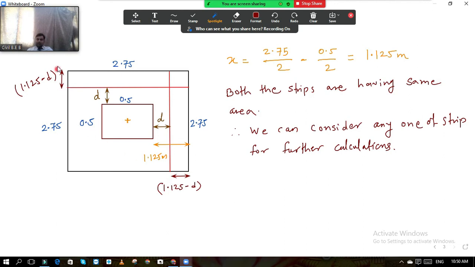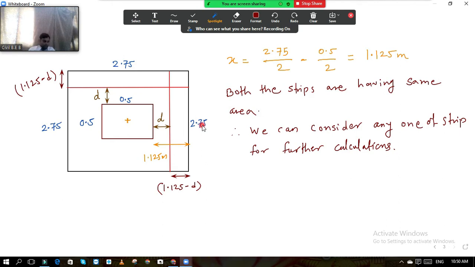This width is not going to be the same, and these two dimensions are also not going to be the same. So in that case, you should select the strip which has the highest area. Whenever the rectangular column is there, you must select a strip which has the higher area.